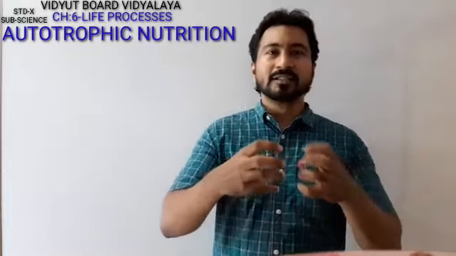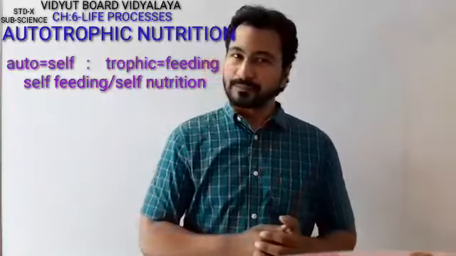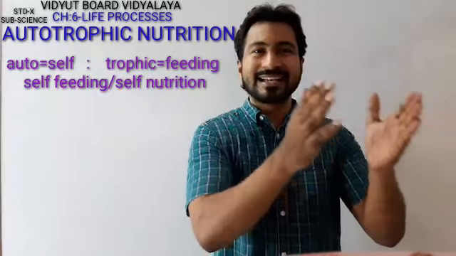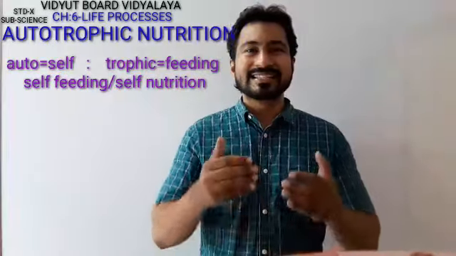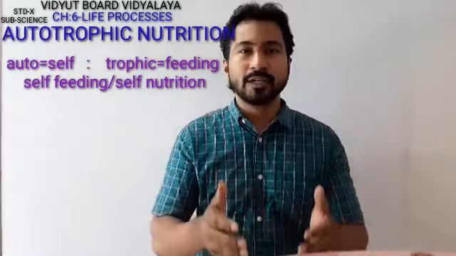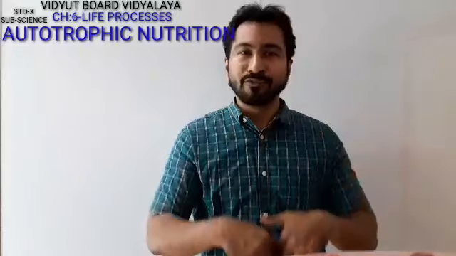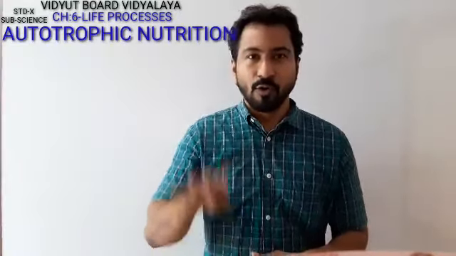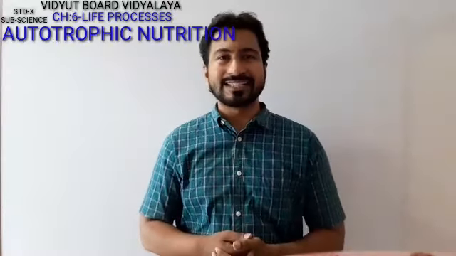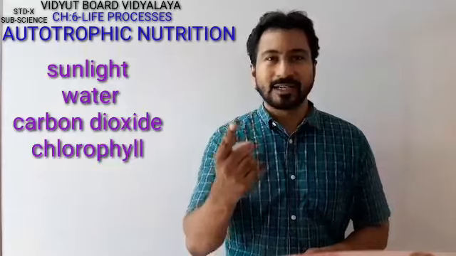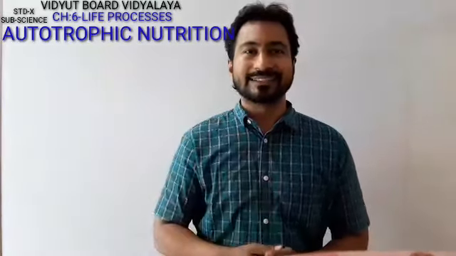If we dissect the word into auto and trophic, auto means self and trophic means feeding. So it is said to be self-feeding. Here the organisms prepare their own food with the help of four major things: sunlight, water, carbon dioxide and chlorophyll.